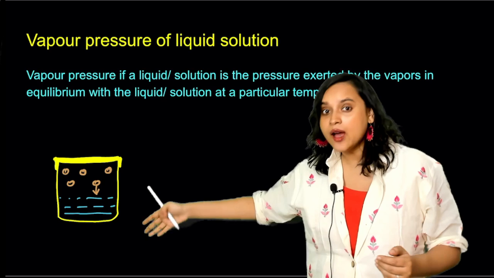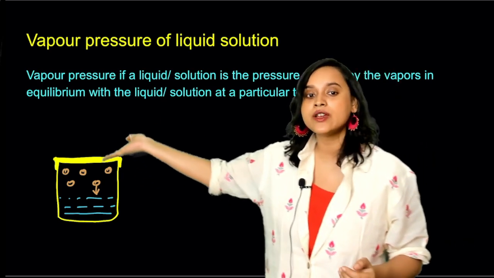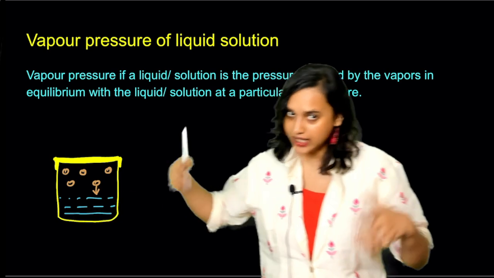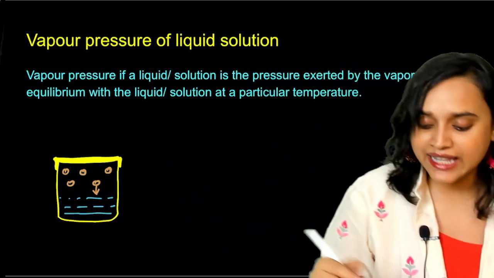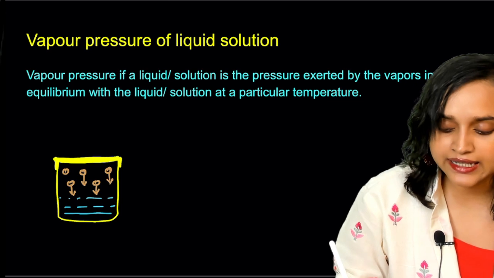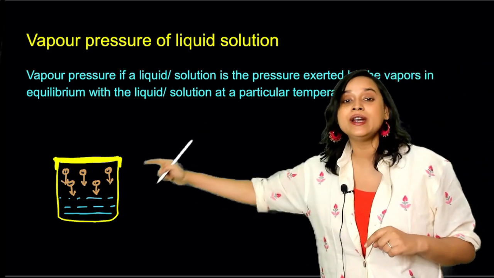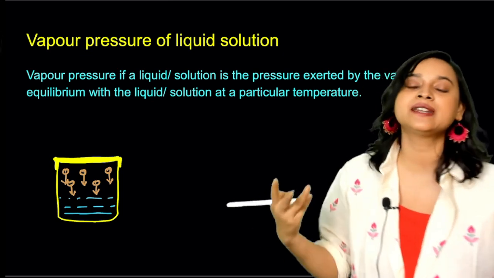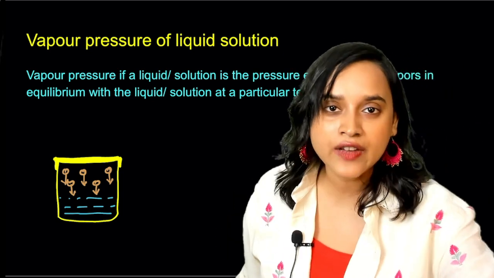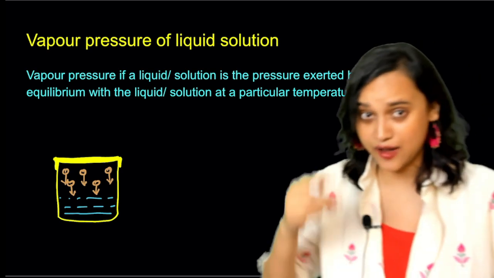Now, as many liquid particles are getting converted to vapor, that many vapor particles are getting converted to liquid. That is possible. So at this equilibrium position, the amount of pressure that is exerted by the vapor of the liquid in equilibrium, that, my dear student, is your vapor pressure of liquid solution. Do you understand this? Yes, I hope you understand this.